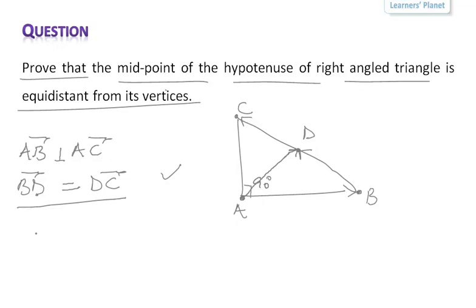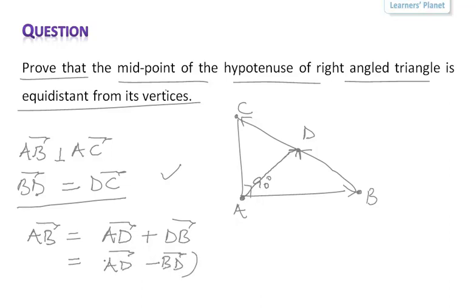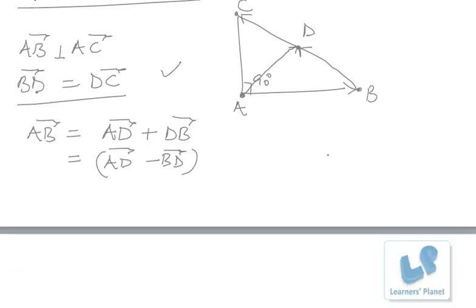If I wish to write AB, I can write it as the resultant of the vector AD and DB, which can be further written as AD minus BD. Is that clear?